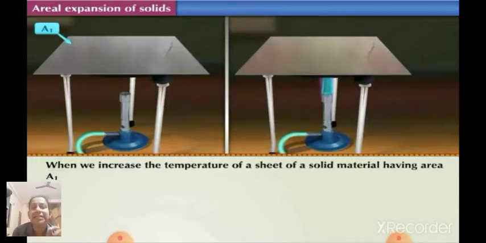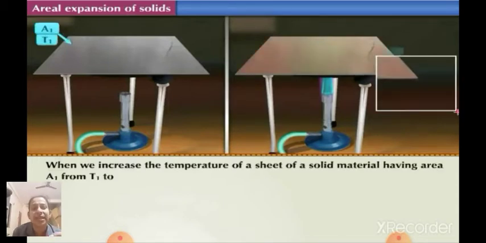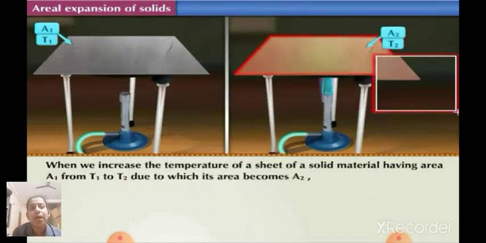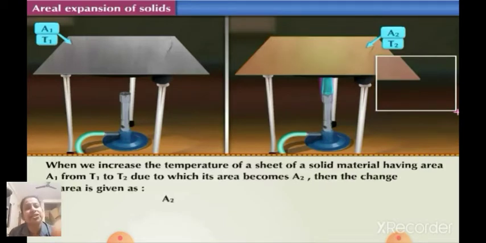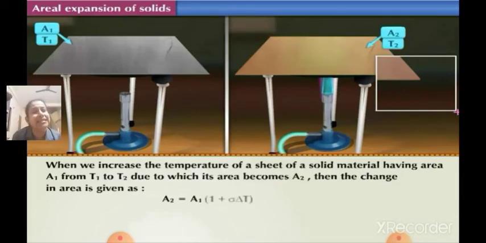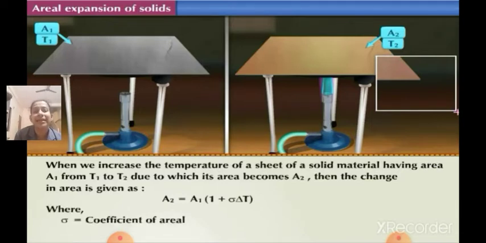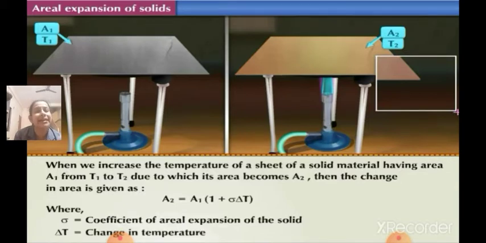So when we increase the temperature of the sheet of a solid material having some area A1 from temperature T1 to T2, the area becomes A2 due to expansion, and the change in the area is given by the formula again A2 is equal to A1 into 1 plus sigma delta T, where sigma is the coefficient of areal expansion of the solid and delta T is the change in the temperature.